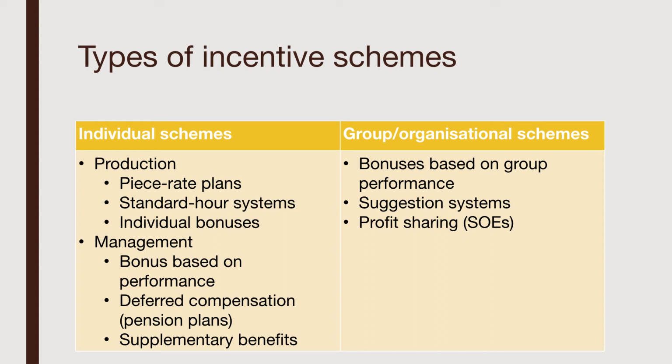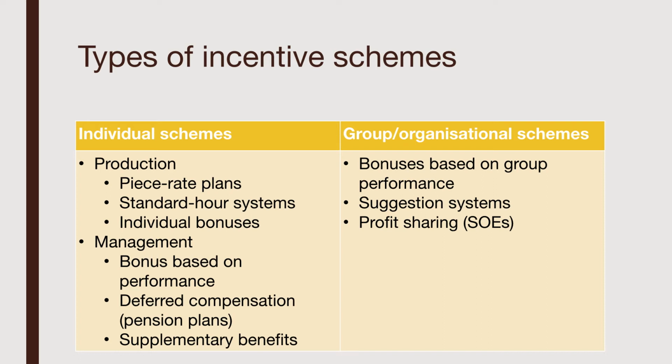Then we have group or organizational schemes, and these can also be bonuses based on group performance. You may want to think about examples such as Premier Excellence Awards that are often given to groups of persons within an organization who have performed exceptionally well in a period of time.